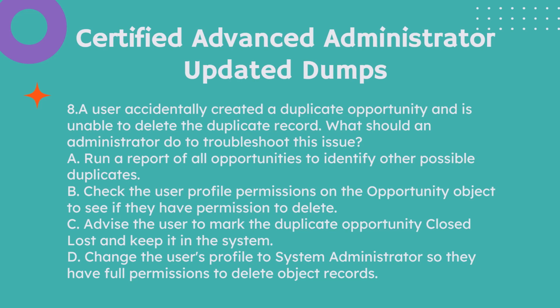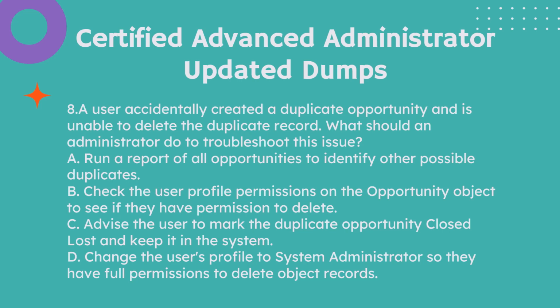8. A user accidentally created a duplicate opportunity and is unable to delete the duplicate record. What should an administrator do to troubleshoot this issue? A. Run a report of all opportunities to identify other possible duplicates.